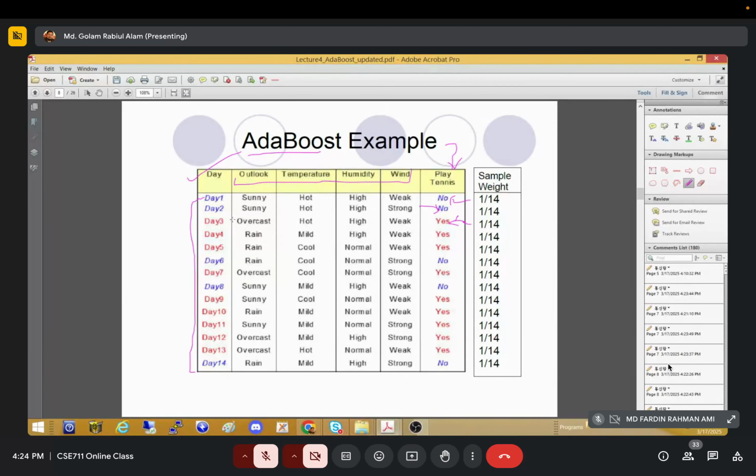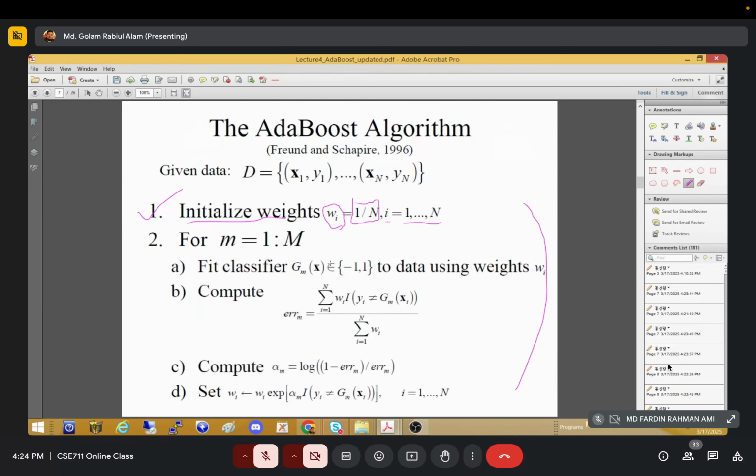In this case, we have 14 days of data, so the capital N is 14. So we have to initialize each instance with 1 by 14.